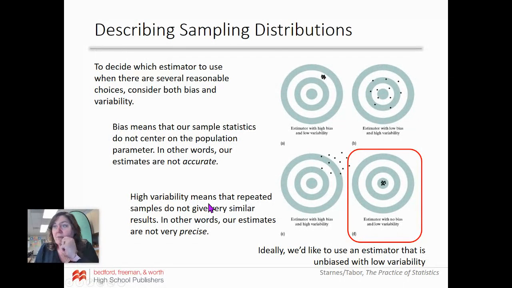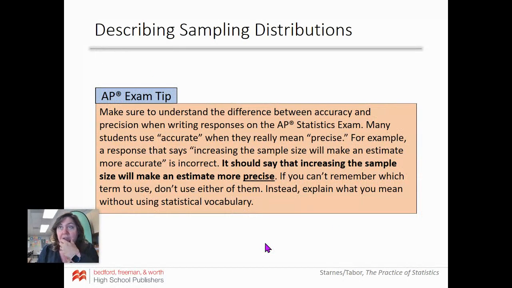High variability means that repeated samples do not give very similar results, so we're not very precise. You wouldn't get very many points shooting your arrows if you couldn't get to the middle of the target very often. This is where we want to be. So ideally, what we want is low variability and an unbiased estimator.